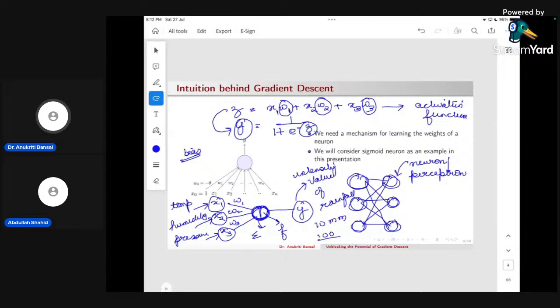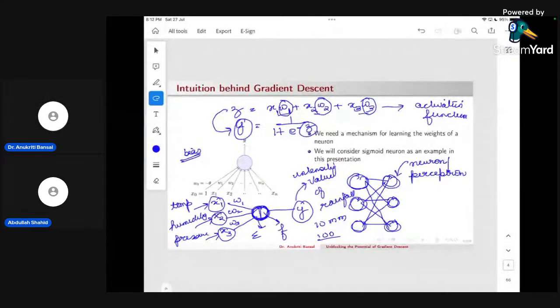If it is an animated movie, I will go and watch the movie. So, what are the parameters and what are the weights? To which parameters I am giving more importance, and to which parameters I am giving less importance. So, we need a mechanism to learn these weights.